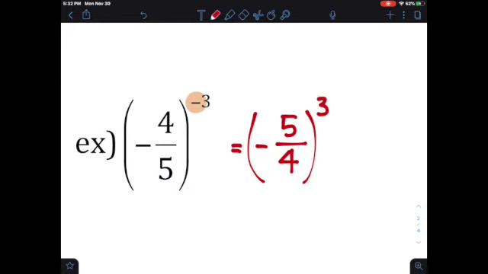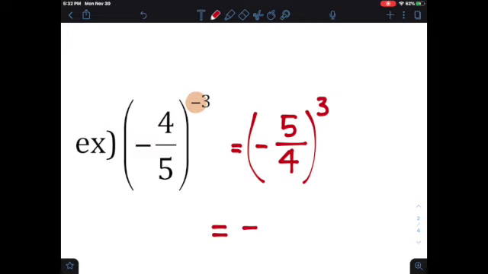Notice my 5 is in the numerator, goes onto the denominator. It was in the denominator, goes to the numerator. And the other one is in the numerator, becomes the denominator. Then we understand that negative sign has to be distributed 3 times, but you know that's going to be an odd number of negative signs. So this problem is going to stay as negative.